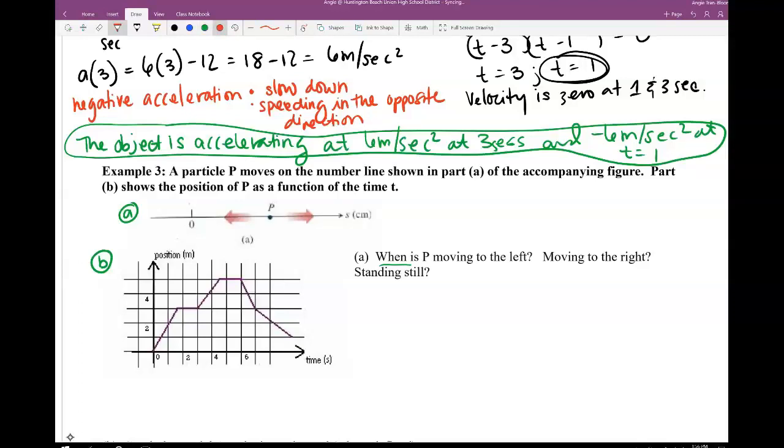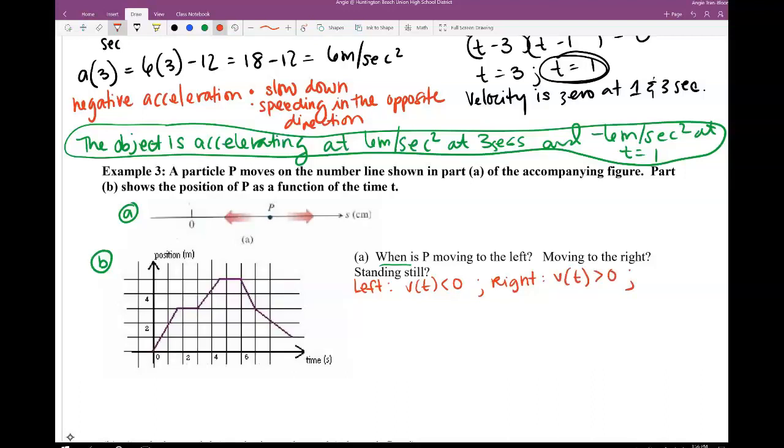Under your summary, we have written down left and right and standing still, okay? So left is when v of t, the velocity, is less than 0. Moving right is when the velocity is greater than 0.